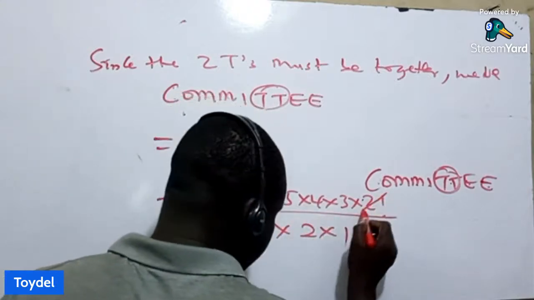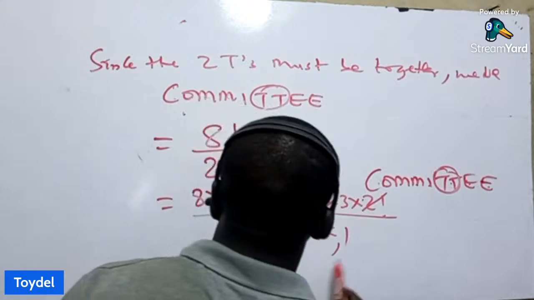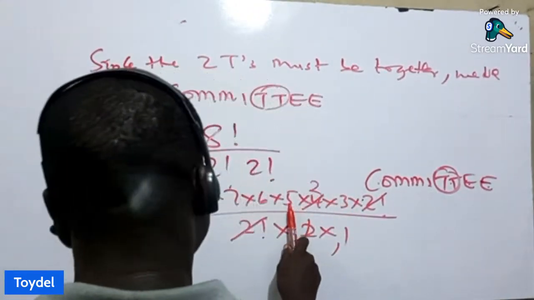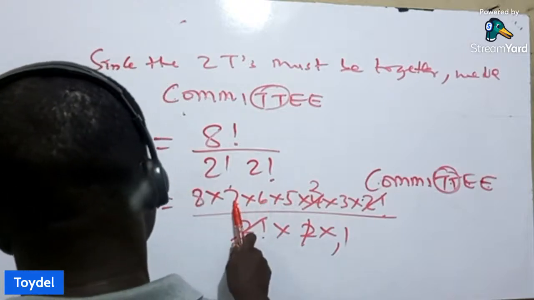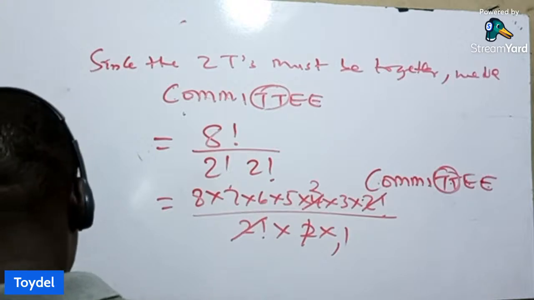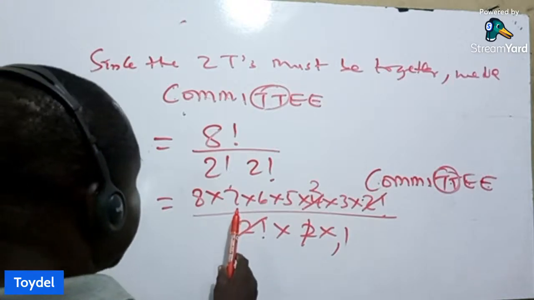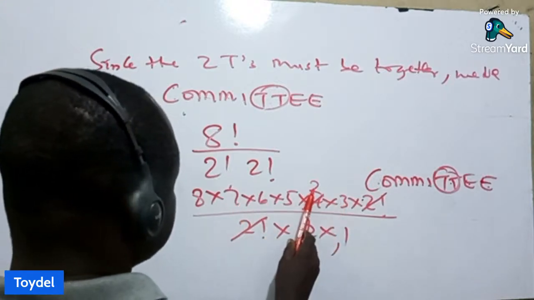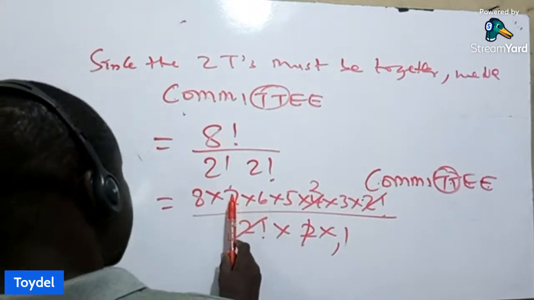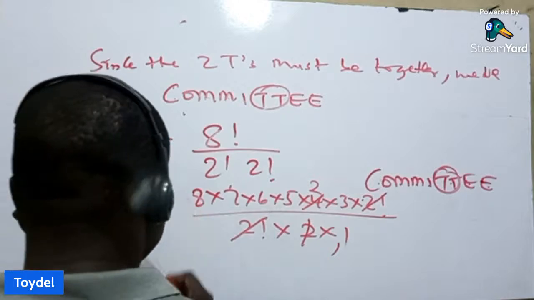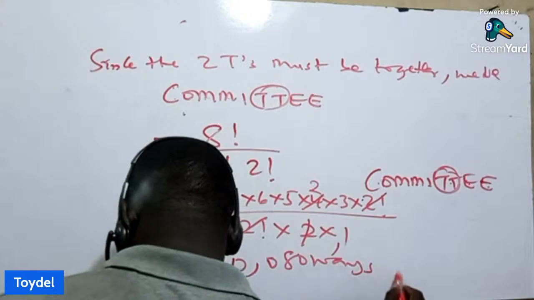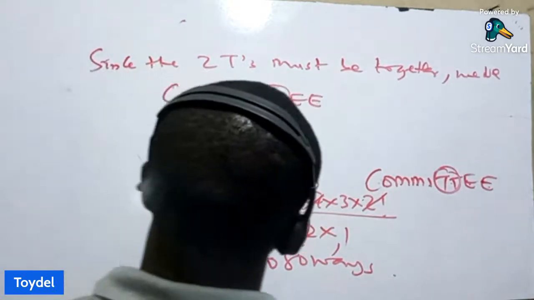So we cancel 2 factorial. 3 times 2 is 6, 6 times 5 is 30, 30 times 6 is 180, 180 times 7 is 1,260, then times 8, that's going to give us 10,080 ways. So that's what we are going to get. That will be 10,080 ways.